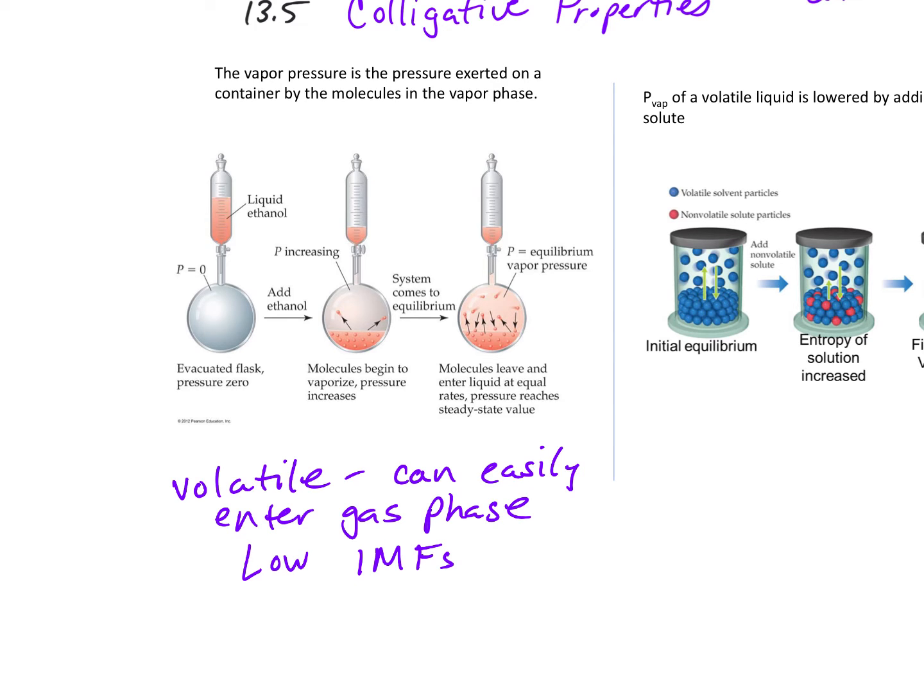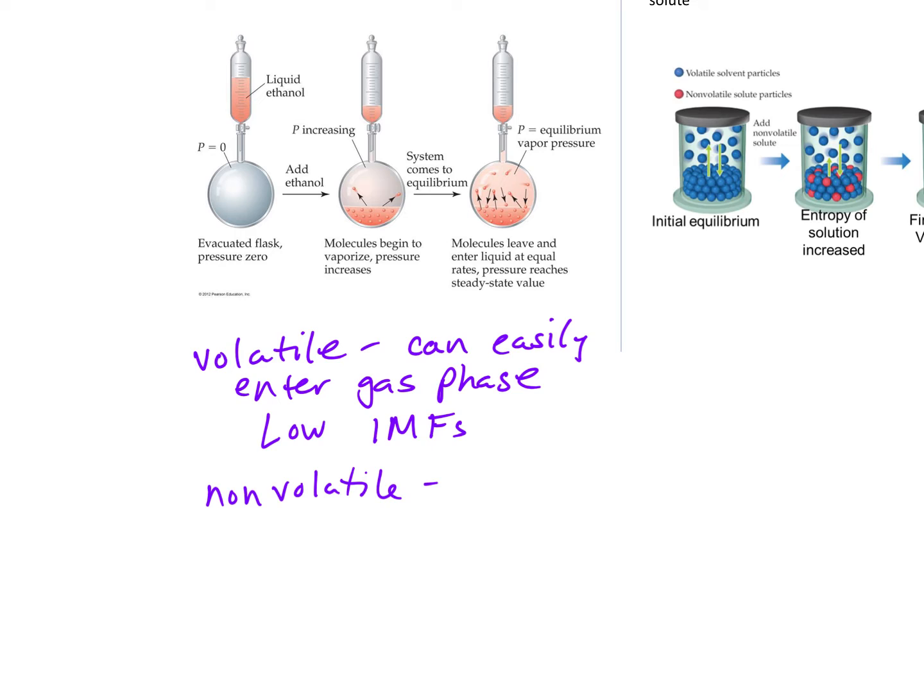Okay? If something is non-volatile, it means it doesn't easily enter the gas phase. Now, at high enough temperature, we can make a lot of things enter the gas phase.